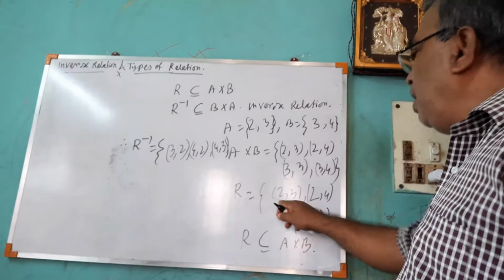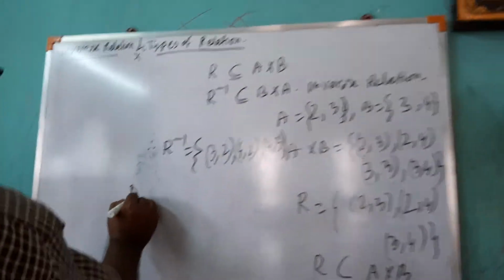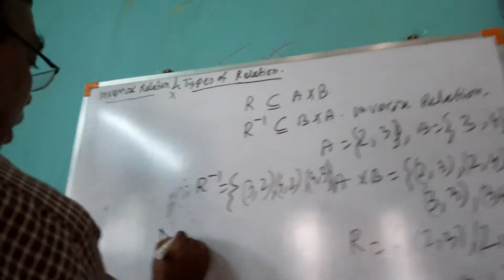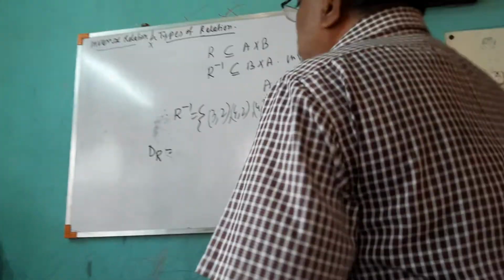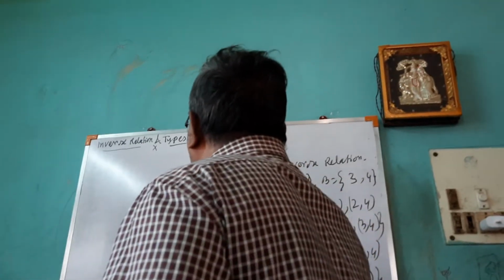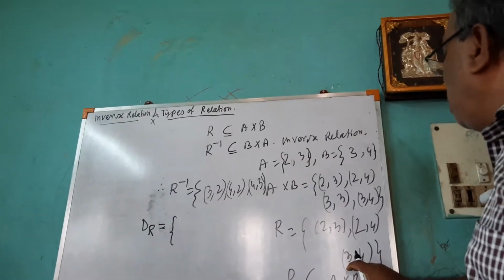If this is a relation, then what is the domain of R? Domain of R is written D suffix R. That is the first element of relation R, that is 2, 2, 3.